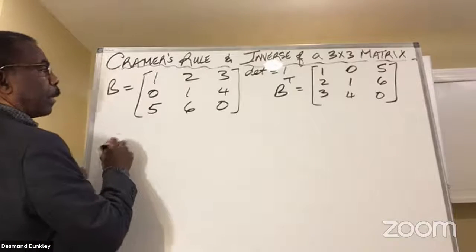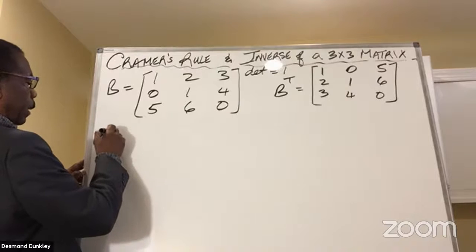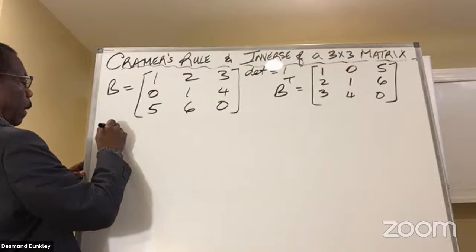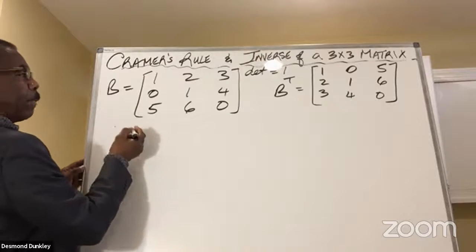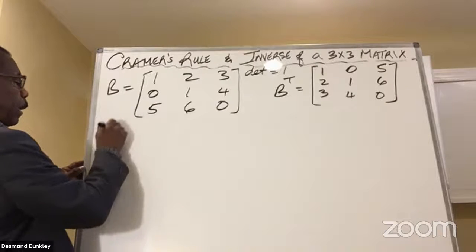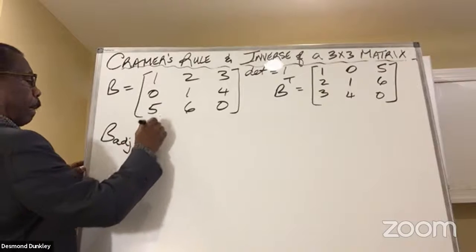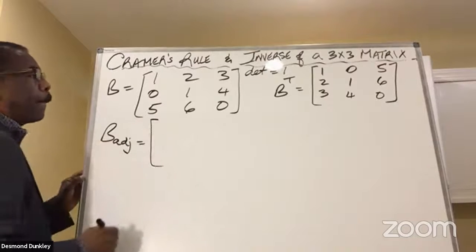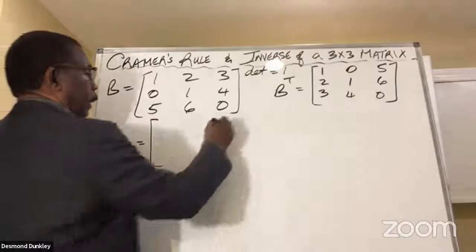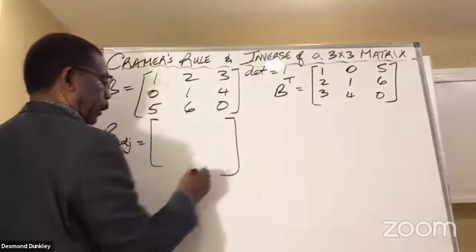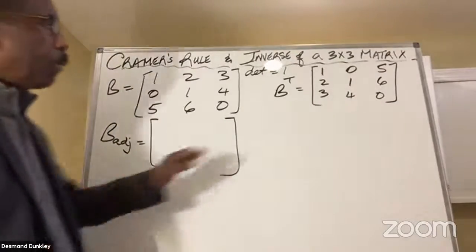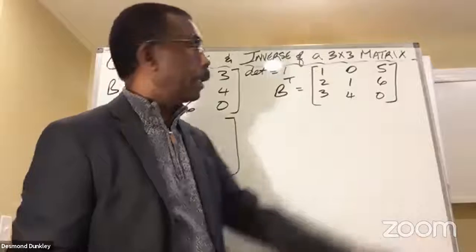And from here, we're going to end up with the adjugate matrix of B. We're going to need to get 9 entries, but we have to work these out individually.